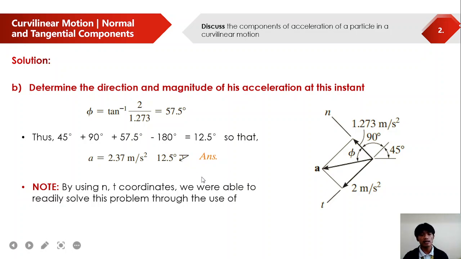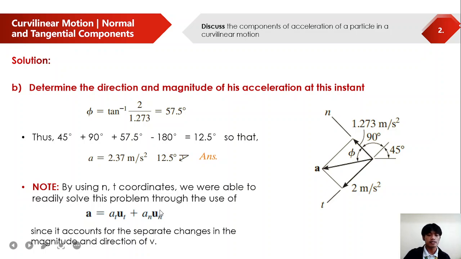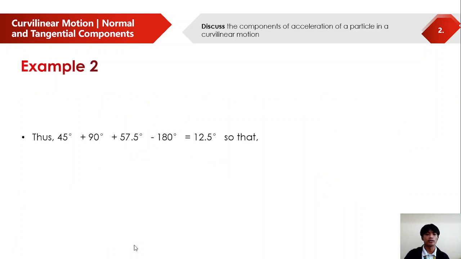By using these coordinates, we're able to solve this problem because the tangential component of acceleration is given, and we already solved the velocity and rho, so we can solve for a sub n, and then we used the resultant vector sum. It accounts for the separate changes in the magnitude and direction of v. Ayan. So that's how you solve for the normal and tangential components.